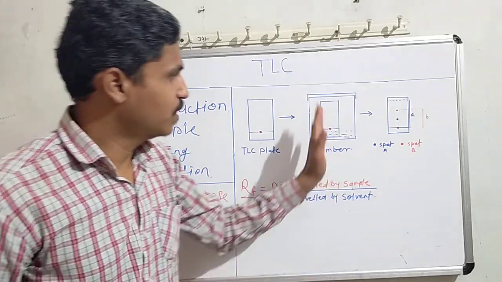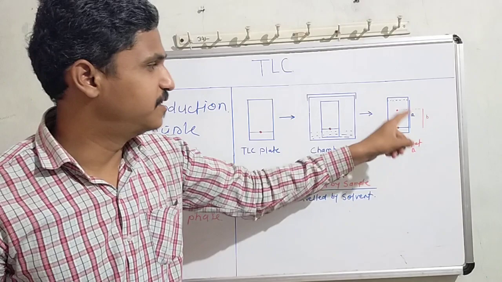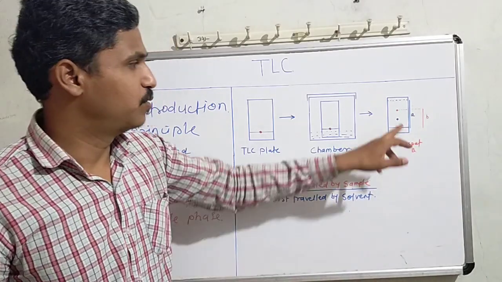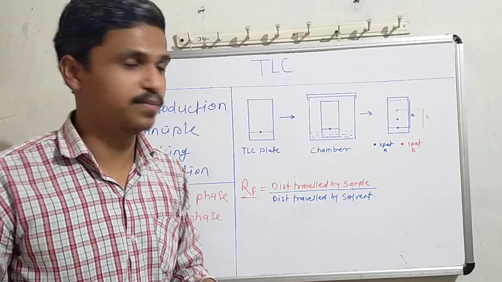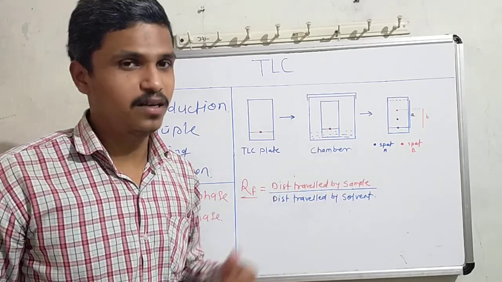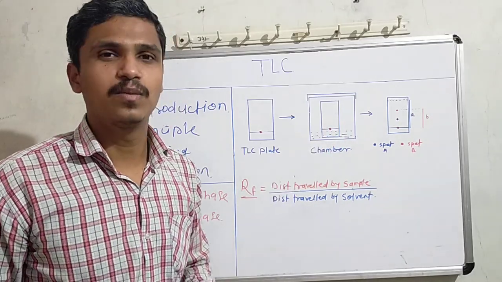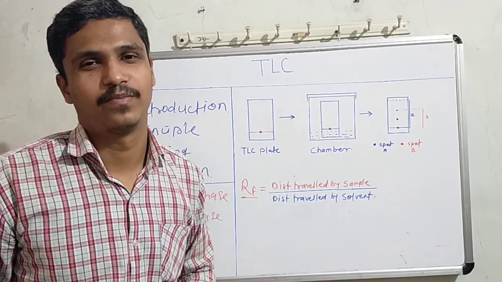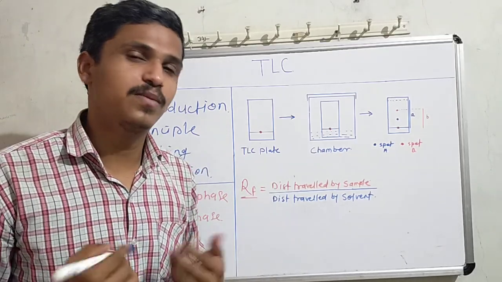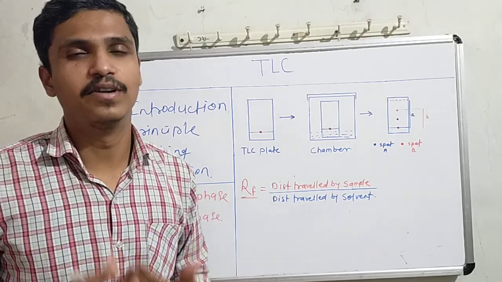So after taking out these TLC plates, you have to observe different spots. Okay, the reason behind the appearing of different spots, I already told. But how are these different spots determined, how are the different spots calculated? Then again the question arises whether this technique is qualitative or quantitative. The answer is very simple.